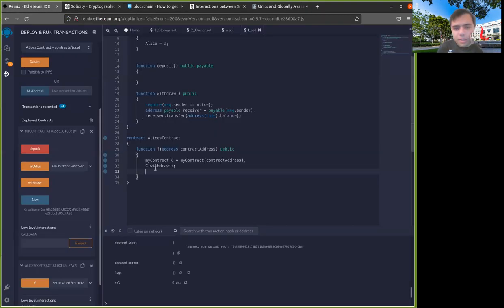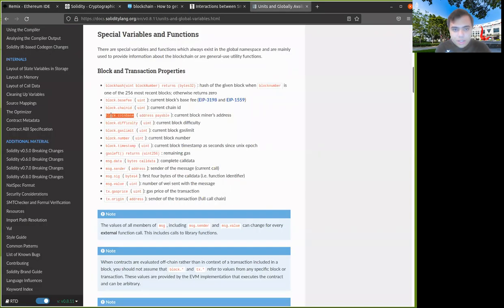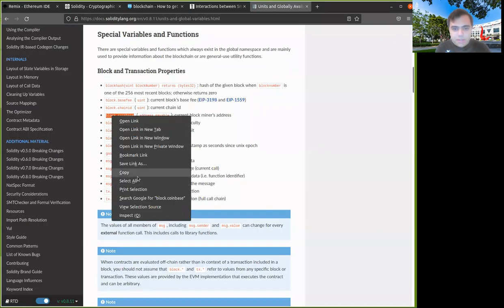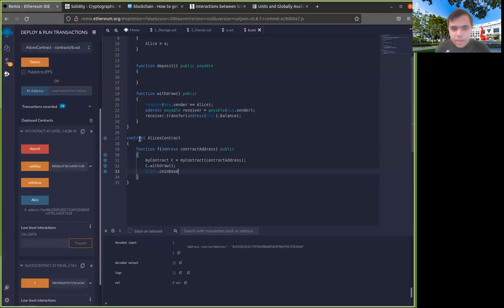I can take this block.coinbase and say pay or transfer some amount here. I just put some number. Now, what does this mean?